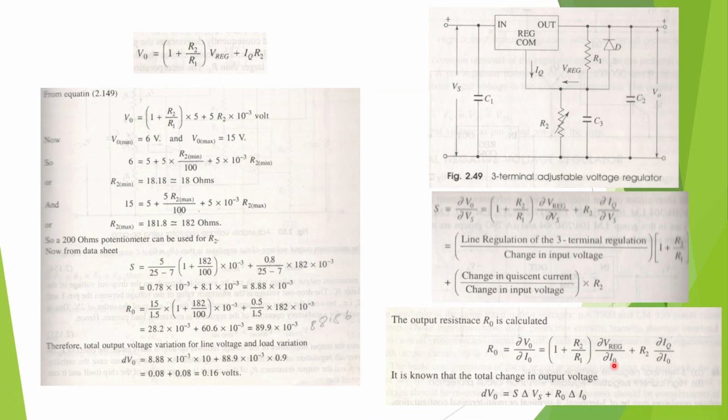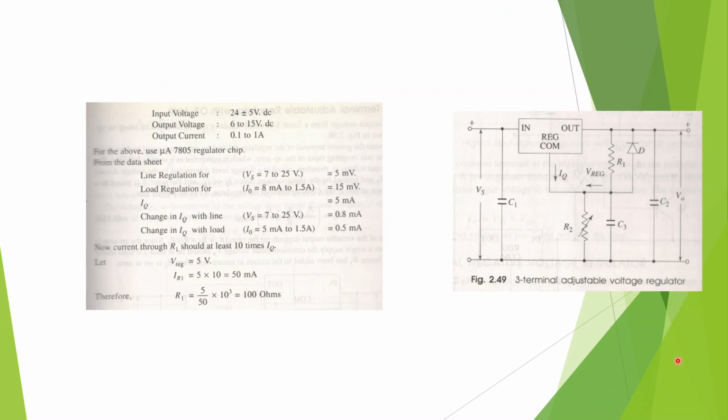So here this value is kept as it is, and these values we have got from the data sheet: 1.5 ampere and 15 millivolts.